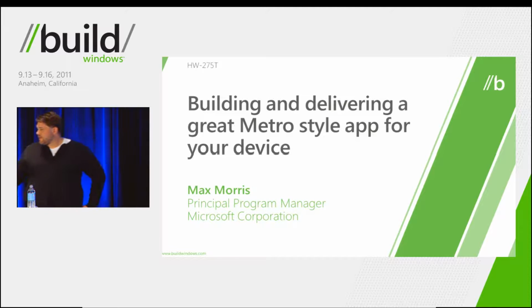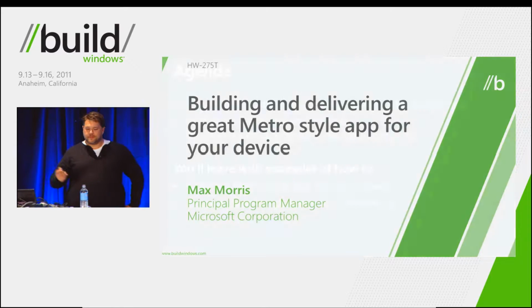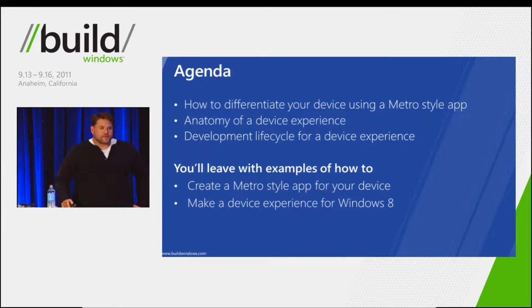So the agenda: first, I'm going to spend a little bit of time recapping what Eugene talked about, which is differentiating devices using Metro-style apps. Then I'm going to get into a little bit of the details under the covers. This is a session to get into some of the how-to.